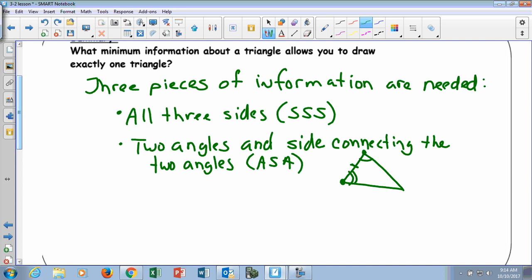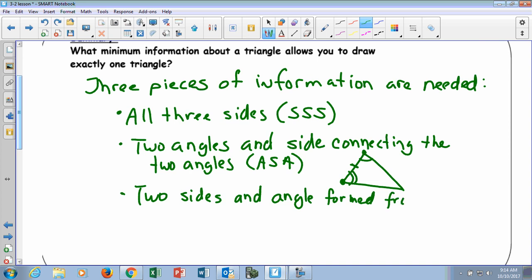And the third thing could be that you have two sides and the angle formed from the two sides. So we call that side, angle, side.